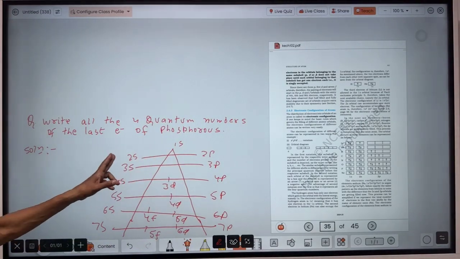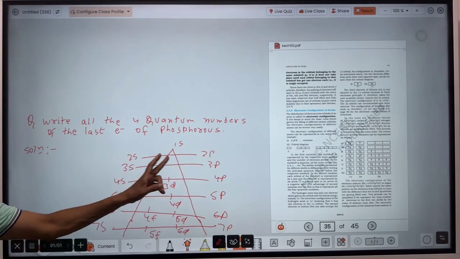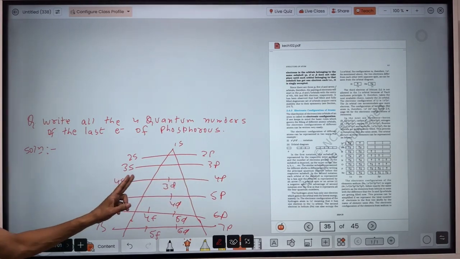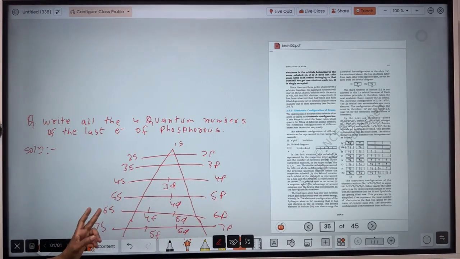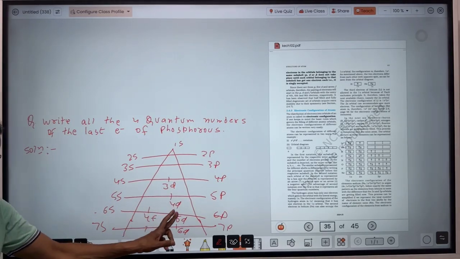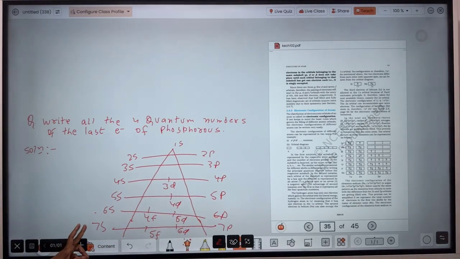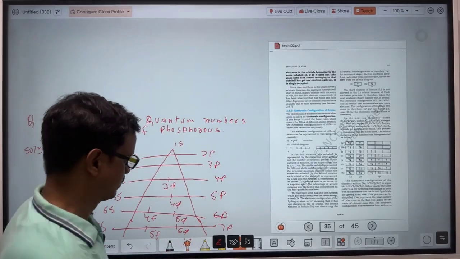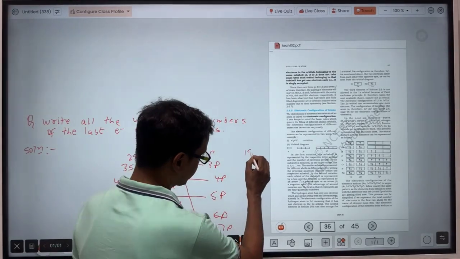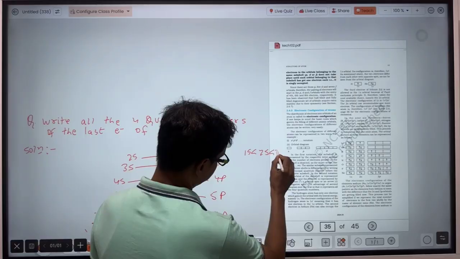Increasing energy order: 1s, then 2s, then 2p, then 3s, then 3p, then 4s, 3d, 4p, then 5s, 4d, 5p, 6s, 4f, 5d, 6p, and then 7s, 5f, 6d, 7p. So like that, we can write the energy order.